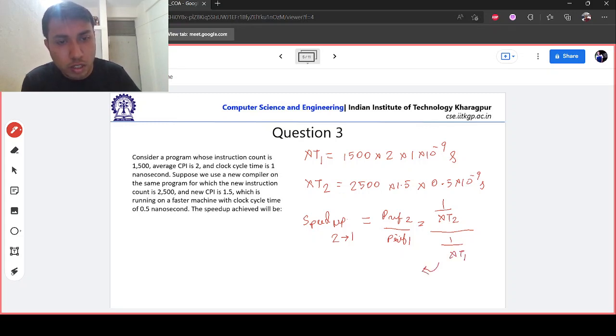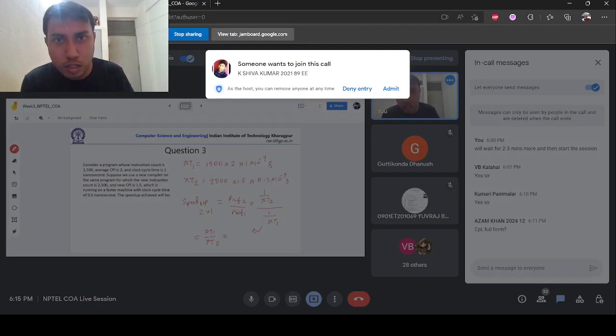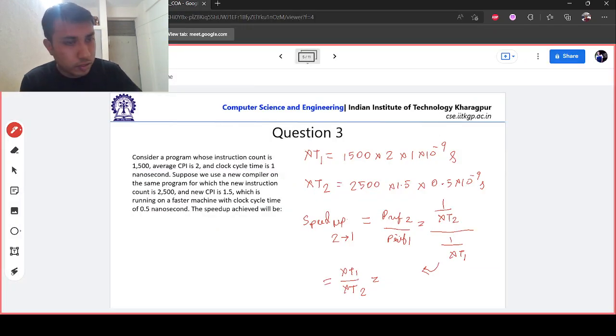So we can simplify it as xt1 divided by xt2, which will be... so if we substitute it, what will it be? 1500 into 2.